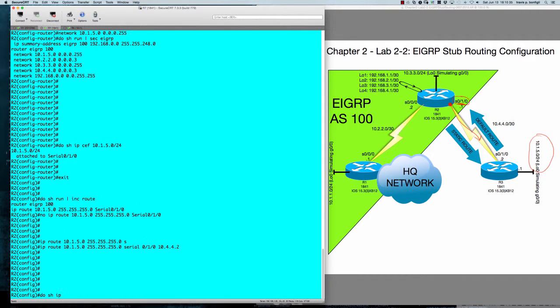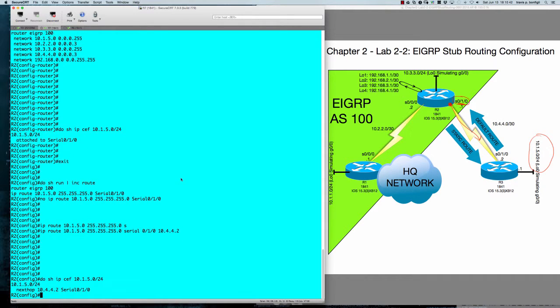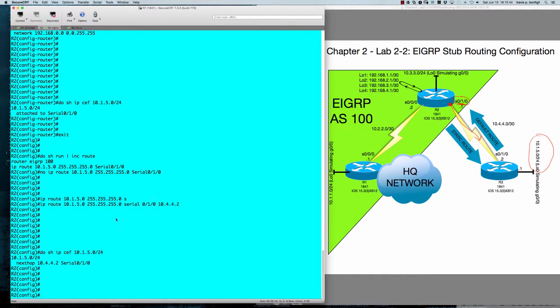However, when I say do show ip cef, let's see what CEF is going to report back to us, and there you go. It doesn't show attached, it shows next hop. And here is our layer 3 to layer 2 mapping. So I'm trying to get to 10.4.4.2, and it's been worked out that that's going to be out the serial 0/1/0 interface.